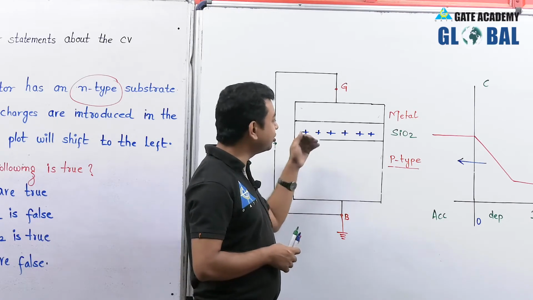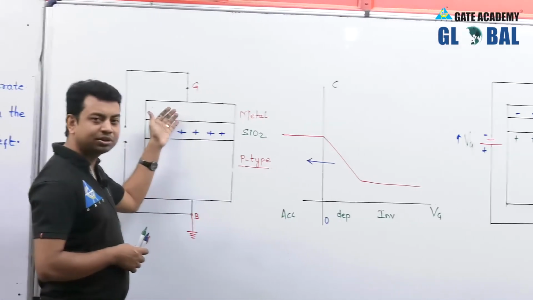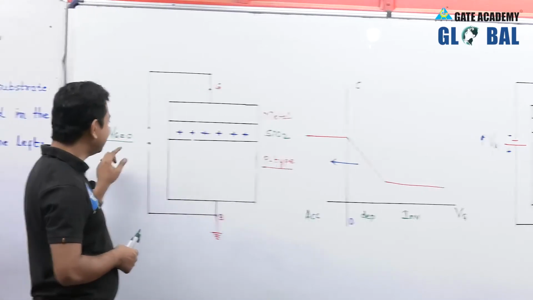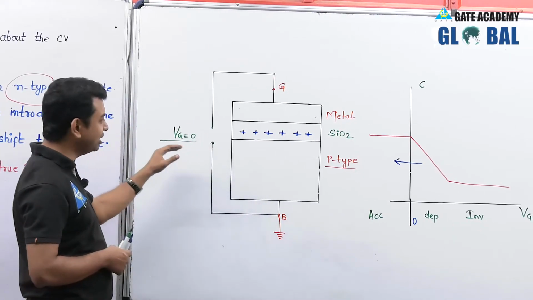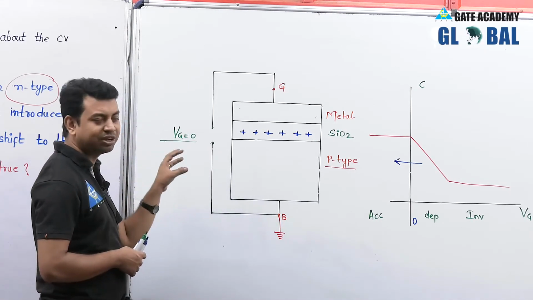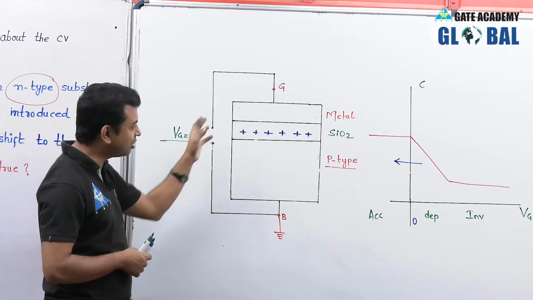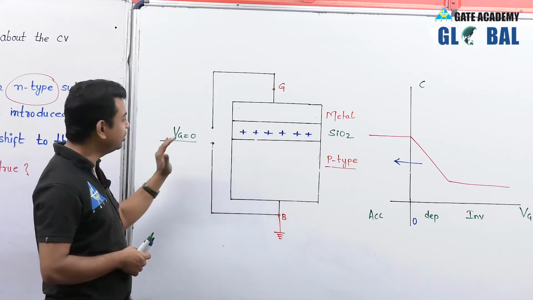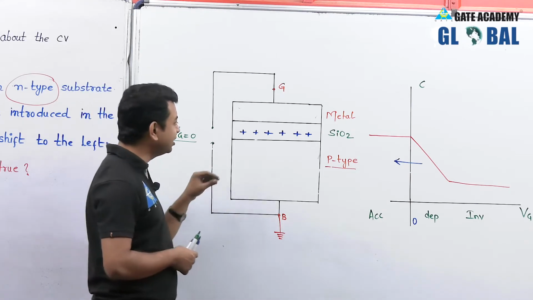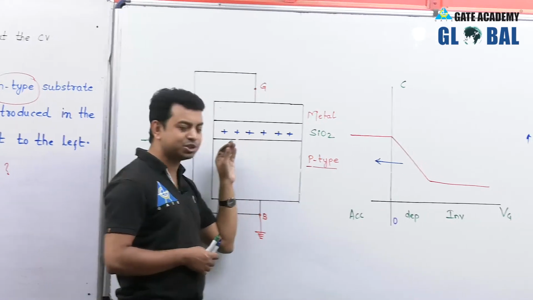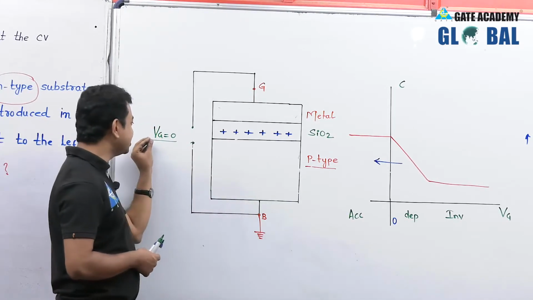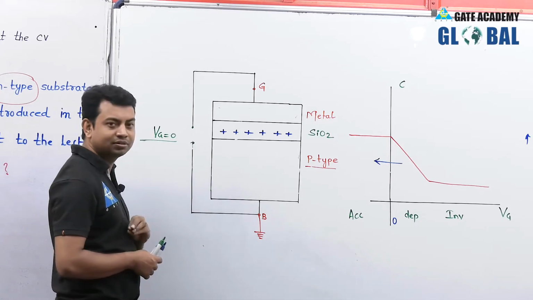If you are not having any negative charges either on the metal side or on the semiconductor side, and your device is in equilibrium, then it is not satisfying the neutral condition of any material when we are not applying any potential. That means these positive charges have to be compensated by negative charges when the device is not having any gate potential.